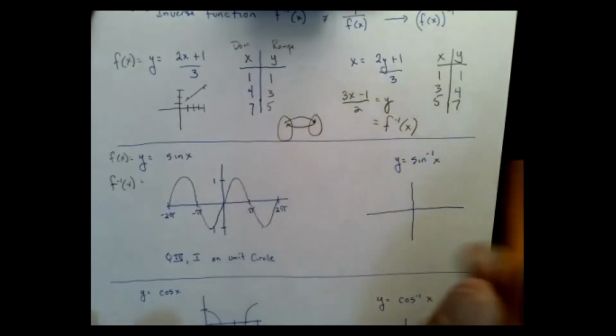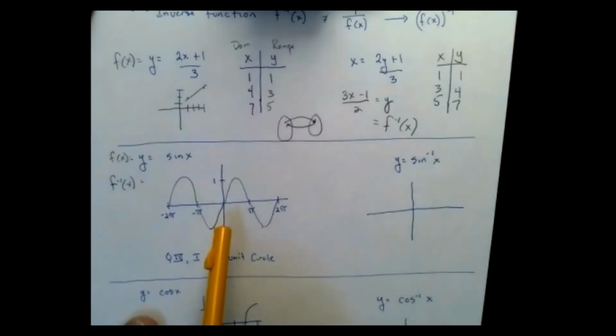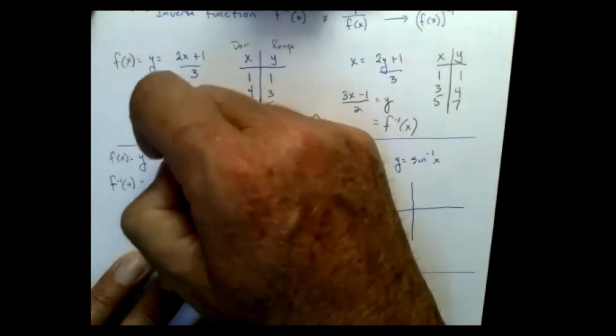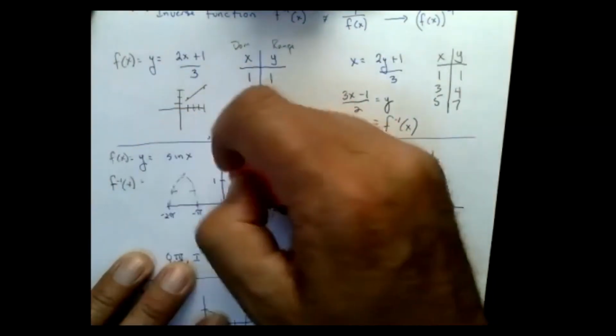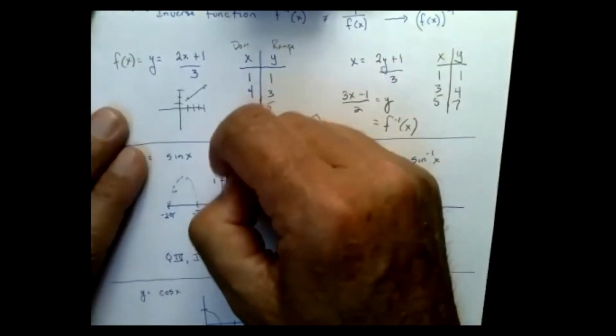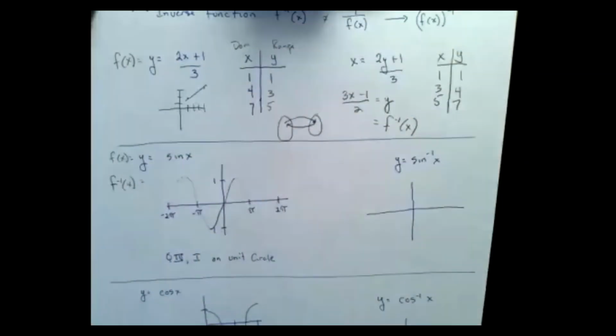I'm going to restrict it, but I want to hit all these values from -1 to 1. So when I get ready to restrict this, I'm getting out the big eraser and erasing all of that. Now I left it on there lightly so you can still see it.